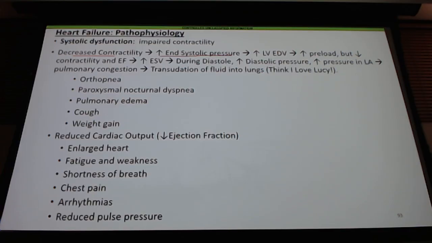I then increase my preload or my end diastolic pressure, which then leads to the left atria starting to have problems because now it has a higher pressure that it has to work against, which then leads to pulmonary congestion from all that fluid extravasating from the pulmonary system.